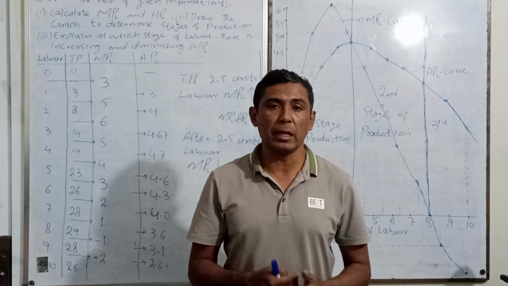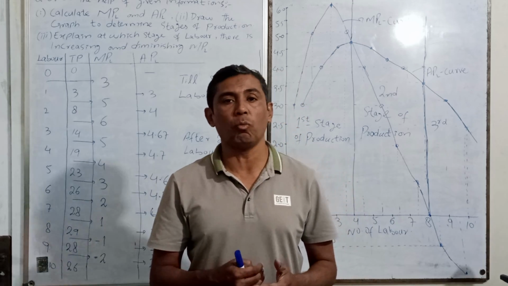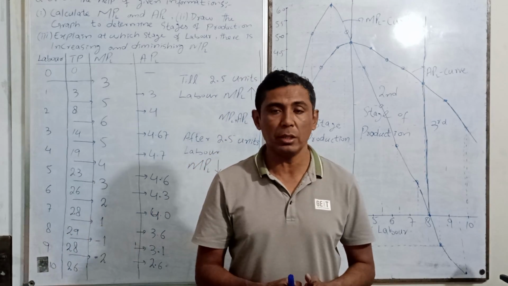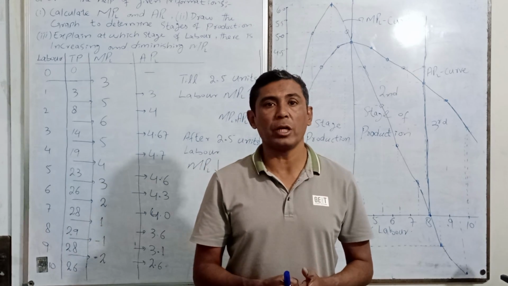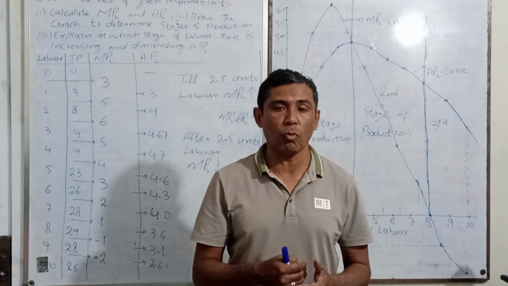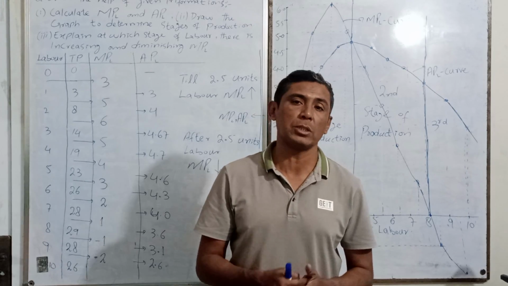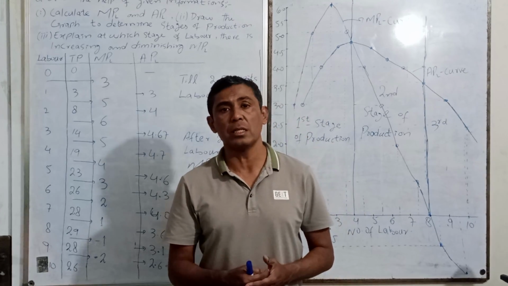And from that graph we determined the stages of production and why they are important. Then we decided till what stage of labor the marginal product of labor continuously increases and then starts to diminish.